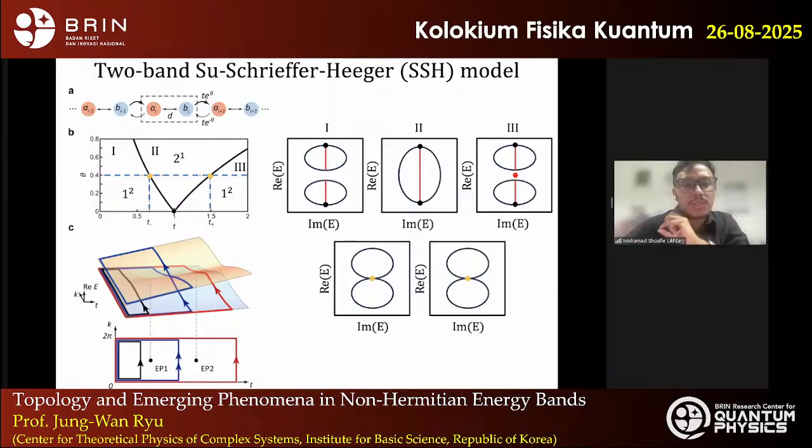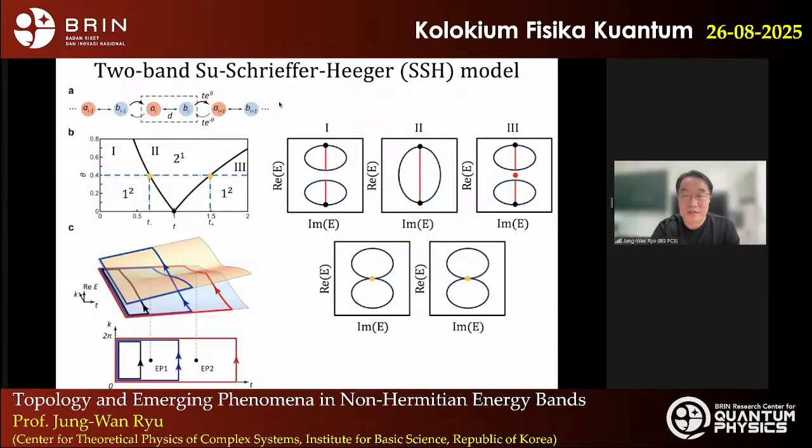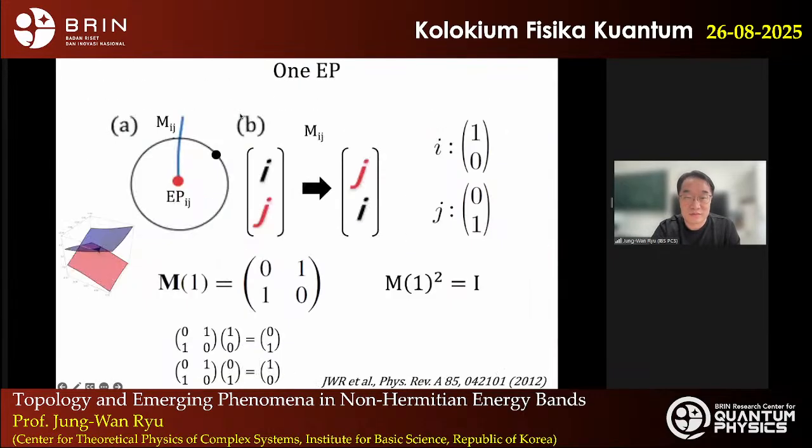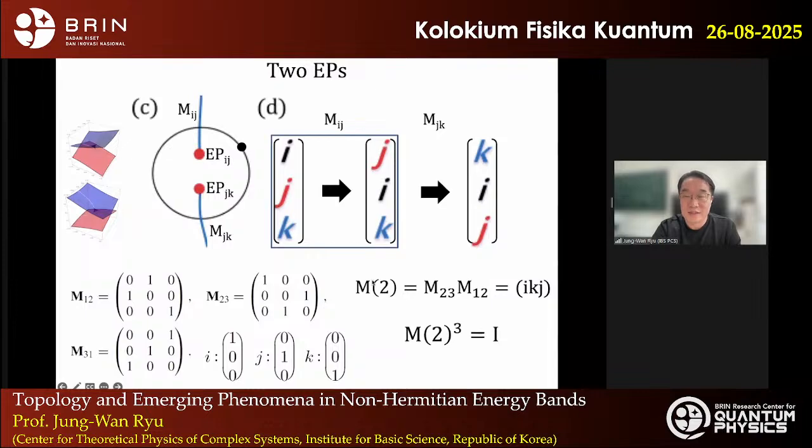Does the order of exceptional point affect your classification of the energy band? In this case, if we change our system parameter, these two exceptional points can meet together and they merge to the third order exceptional point, because this exceptional point means I, J states are the same, and this exceptional point means J, K states are the same.